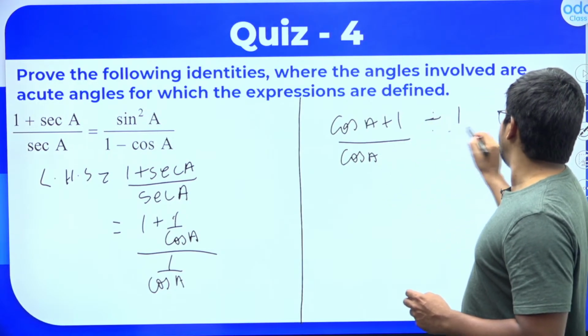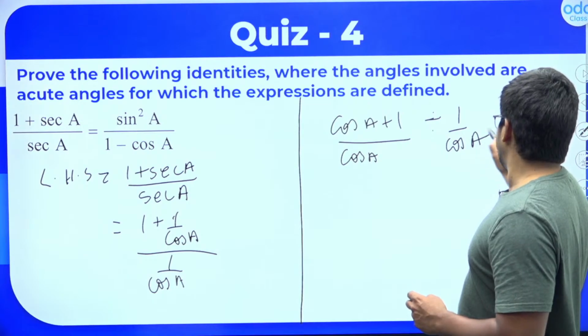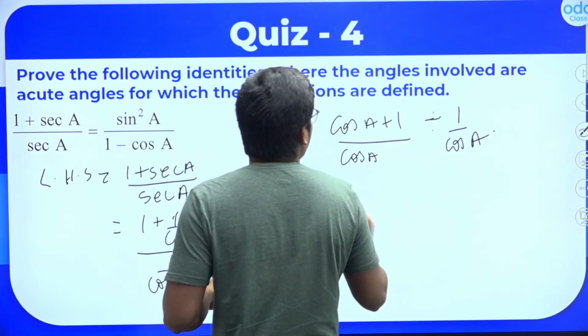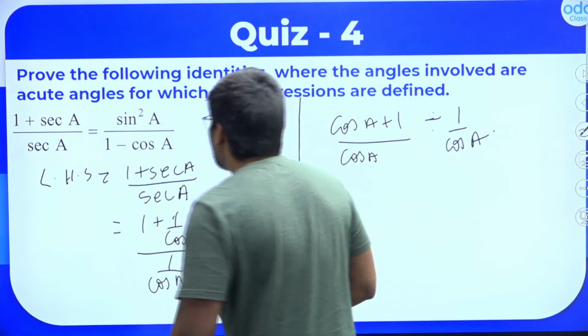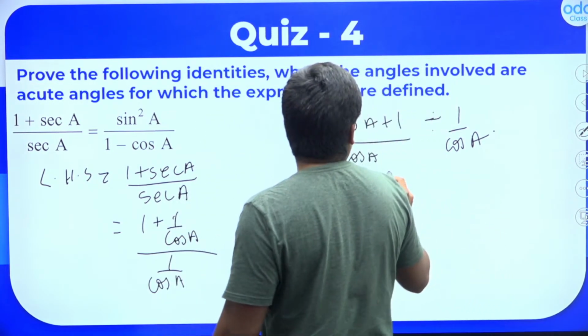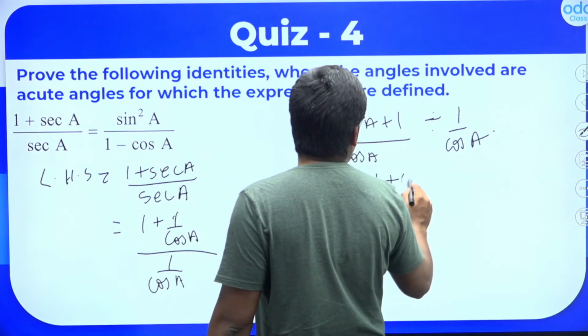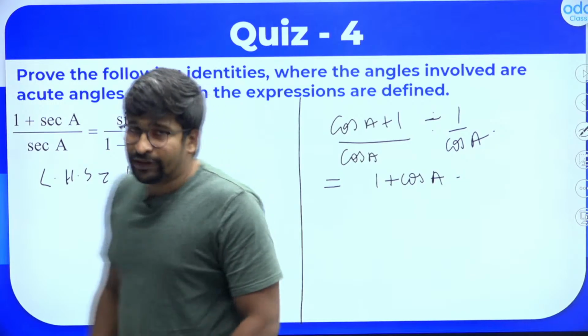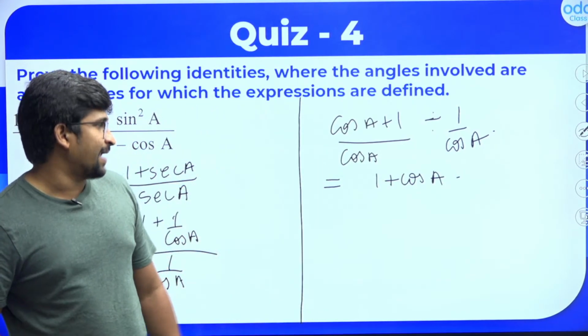That's the meaning, right? It is divided by 1 by cos a. So what will you get from this? This is 1 plus cos a. That's all, because cos a and cos a cancel when you divide it by 1 by cos a.